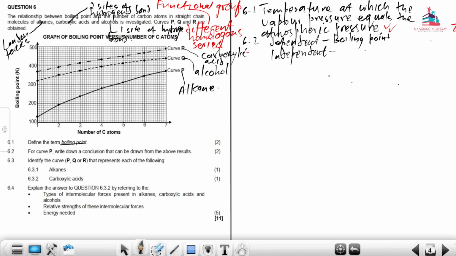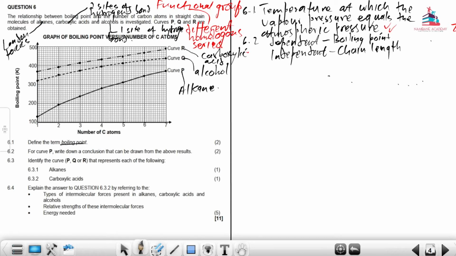Independent variable, the one that we are able to change, is the chain length, because we are changing the chain length of P. Remember, we are not now comparing R, Q, and P specifically for 6.2. So for 6.2, we are comparing the length of now what? Different alcohols. Different alcohols. So hence it is changing with the number of carbons.